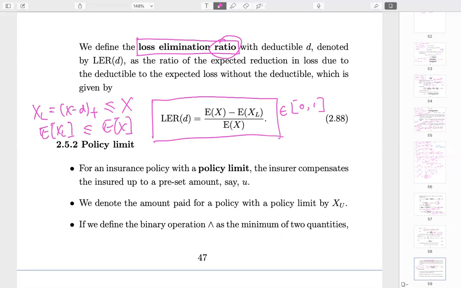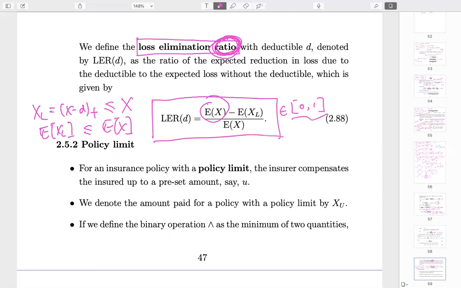So on top, you have something greater than 0, but less than the original expectation. So when you divide by it, of course, it will be between 0 and 1. That gives the name ratio. Most people like to express it in percentage, but it's okay to keep it in decimal.